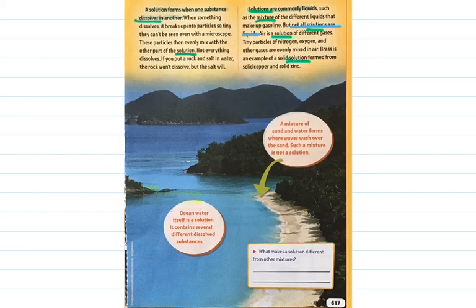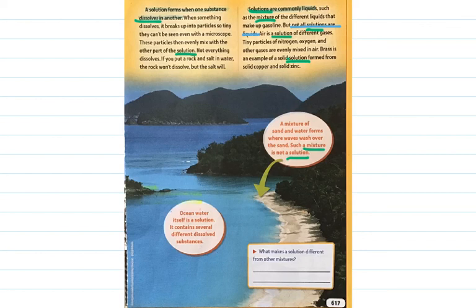So, in the example on the page, let's go over this really quick. A mixture of sand and water forms where waves wash over the sand. Such a mixture is not a solution. So, mixture and solution. Now, let me break this down for you. When water washes up on the sand, it is a mixture because it is not evenly mixed.